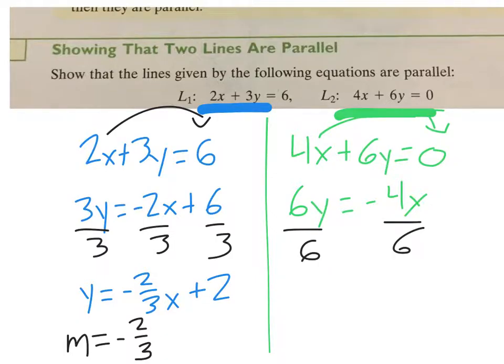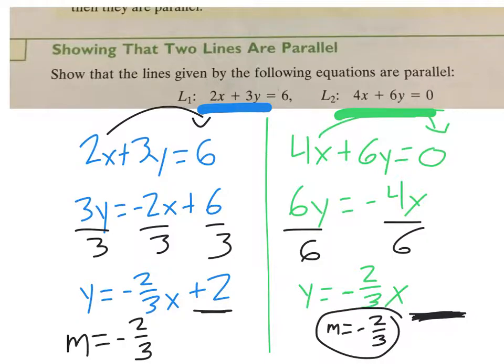That gives y equals negative 4/6, which I simplified to negative 2/3 x. And then what's the y-intercept of the green line? 0. That means it crosses the y-axis at 0. This one is at 2, so they're not the same line, but their slopes are the same, so they are parallel.